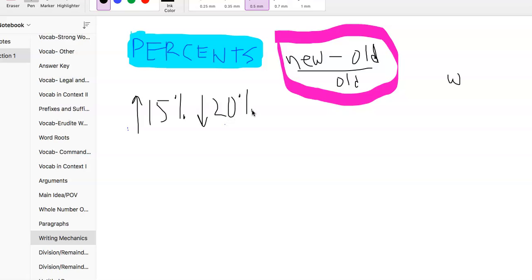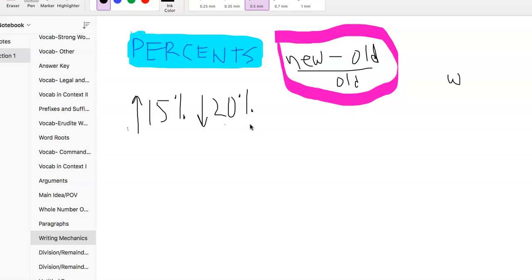And then they ask, what was my percent increase or decrease? It's very tempting and unfortunately wrong to think, okay, it went up 15 and down 20. 20 is 5 more than 15, so I went down 5%. That will be an answer choice, and unfortunately, that will not be correct.